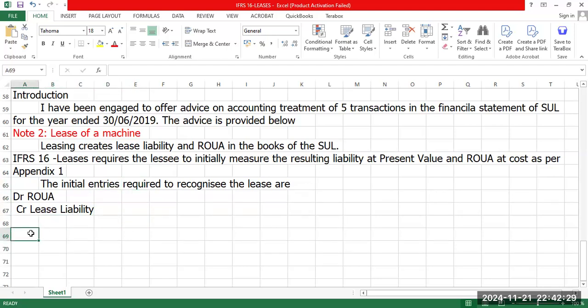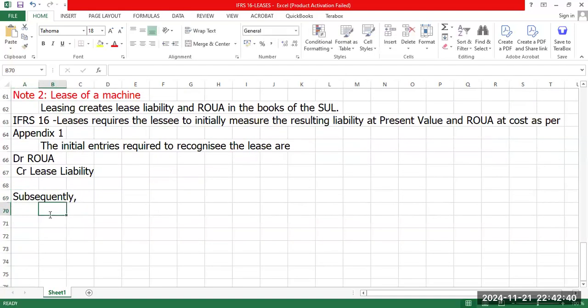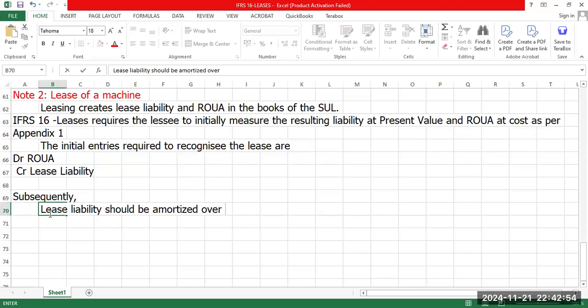So after that, subsequently, what are we supposed to do? Subsequently, lease liability should be amortized. Over what, for this question?